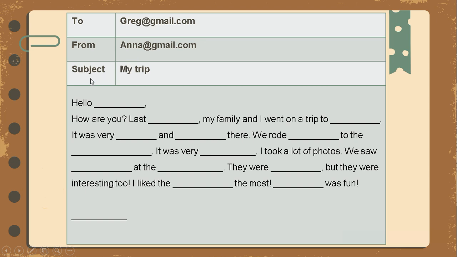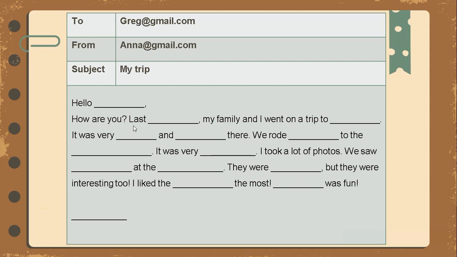The subject is my trip. For the content here, you may refer to the email that we read just now for guidance. Well, let me help you to go through one by one. Okay, the first one here, you need to write down your friend's name. For example, your friend's name is Farhana, so you write down Farhana.